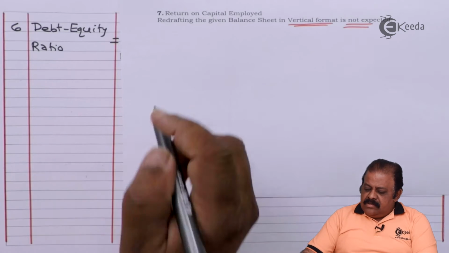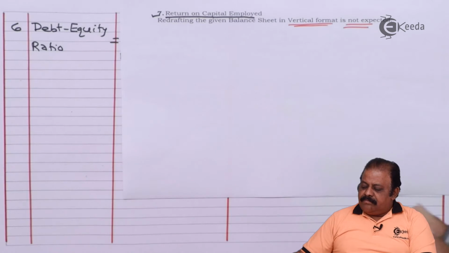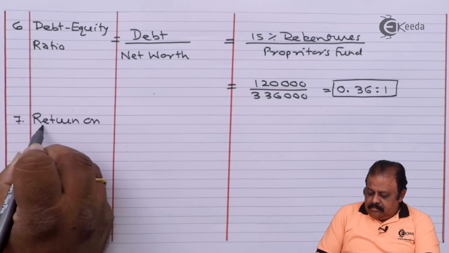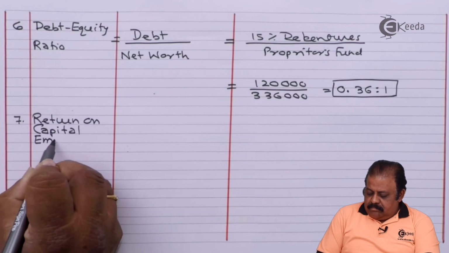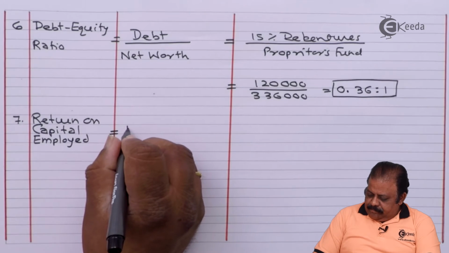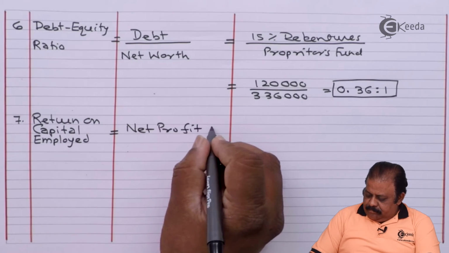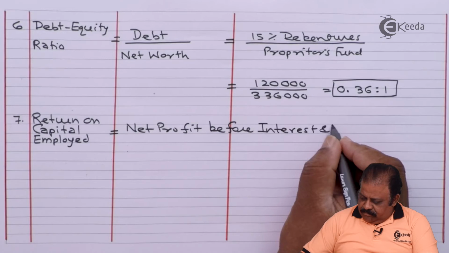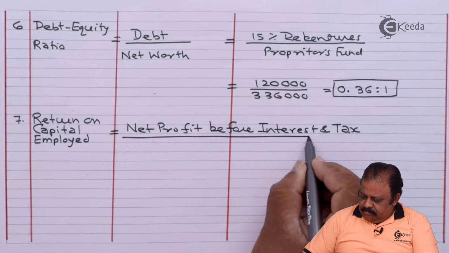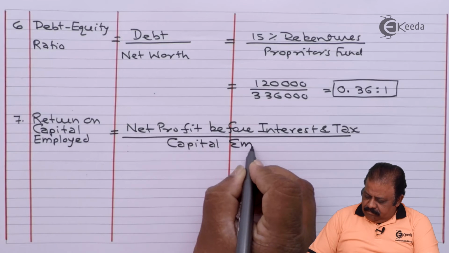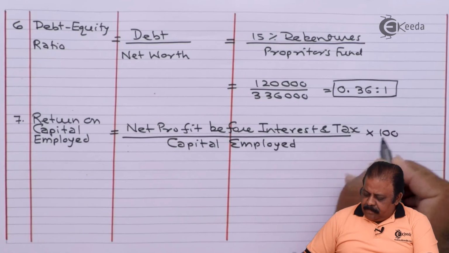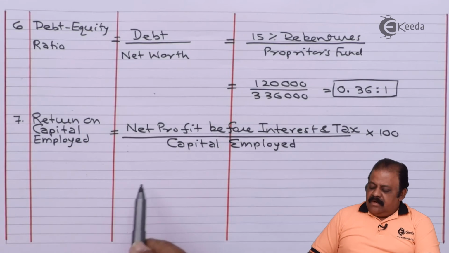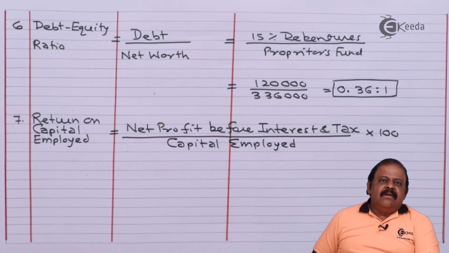Next ratio we have return on capital employed, net profit before interest and tax divided by capital employed multiplied by 100.